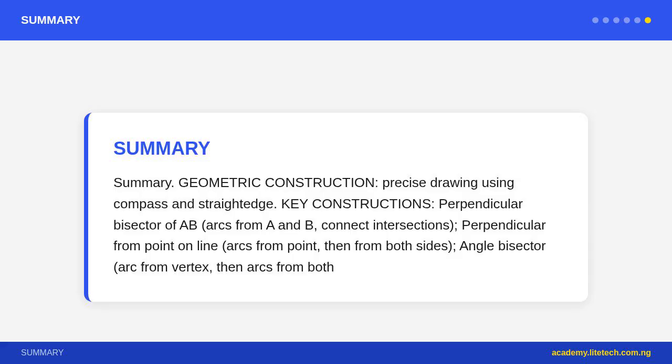Summary. Geometric construction: precise drawing using compass and straight edge. Key constructions: perpendicular bisector of AB, arcs from A and B, connect intersections. Perpendicular from a point on a line, arcs from the point, then from both sides.